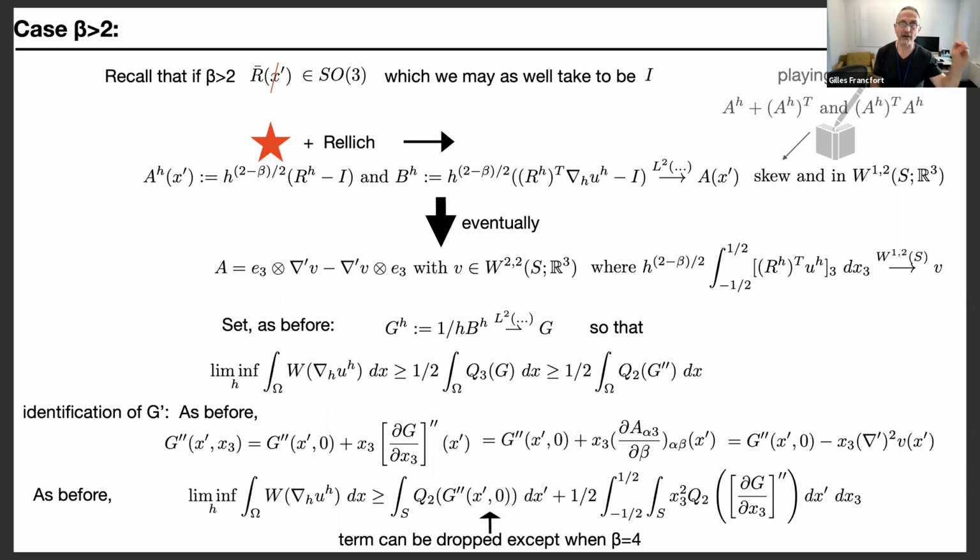So it's just R_h transpose grad_h u_h minus the identity. Because there's a beta, which is different from 2, you have to modulate this by h^(2 minus beta over 2). So it creates some complications, but essentially the proof is pretty much the same, although the limit kinematics is different.